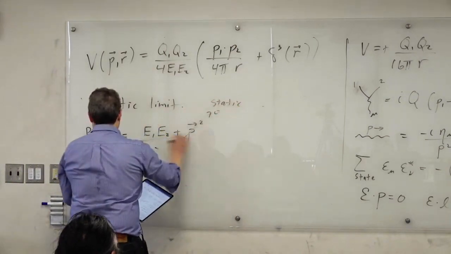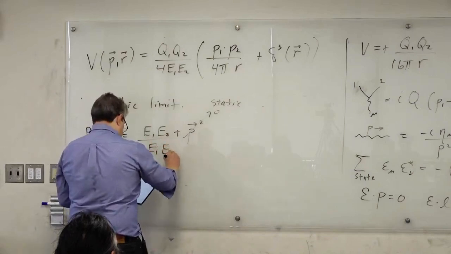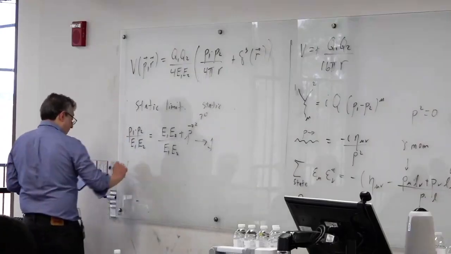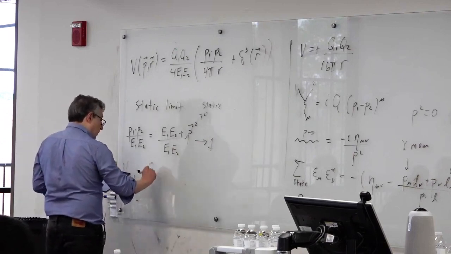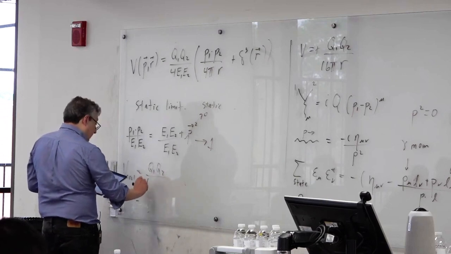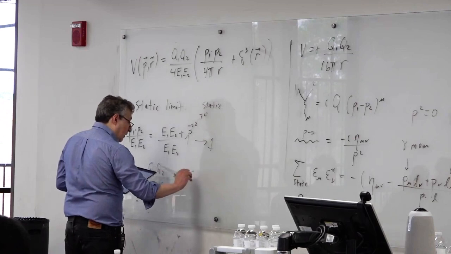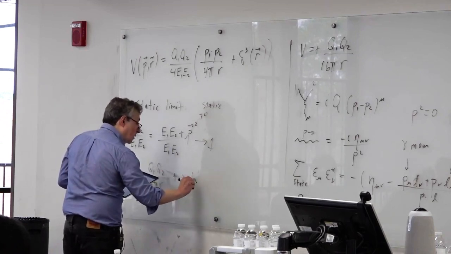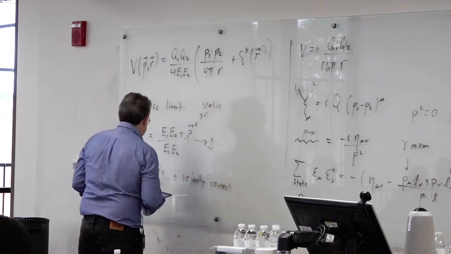No velocity. I'm supposed to divide by E1, E2, so this thing goes to 1, and I think we know the answer: Q1, Q2 over, if I didn't mess up my factors of 2, 16 pi r, plus velocity corrections.